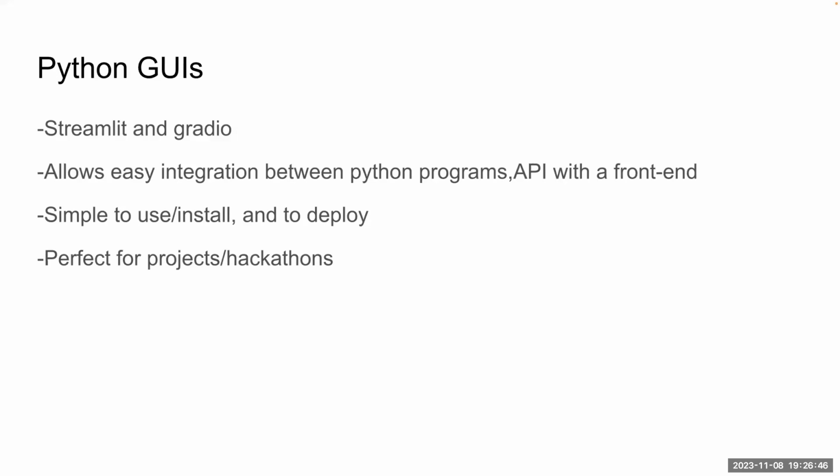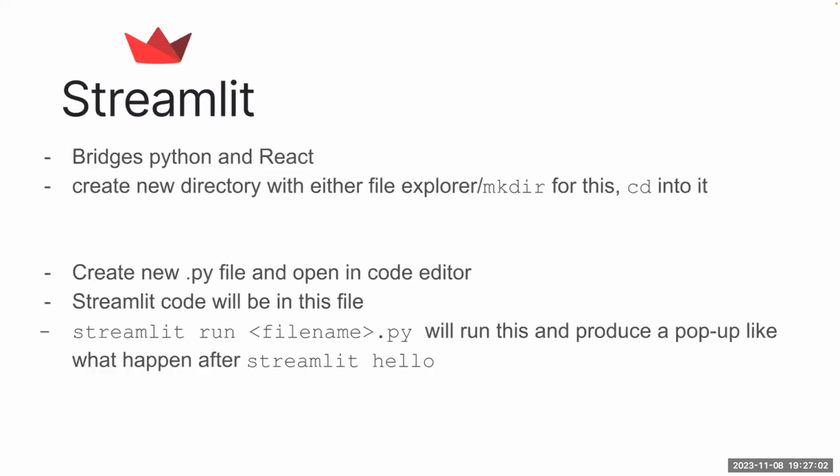It's also extremely simple to use, install, and deploy. You don't need to learn quite hard front end concepts such as the event loop and stuff like that. So it's very good for projects and especially hackathons because of how fast it takes to create an app. For this workshop, I'll be focusing on Streamlit instead of Gradio.